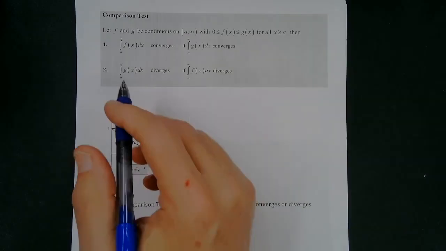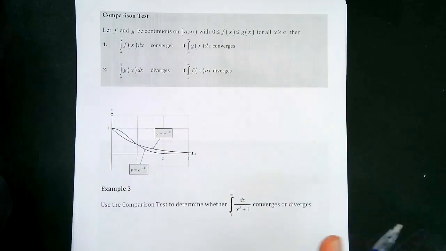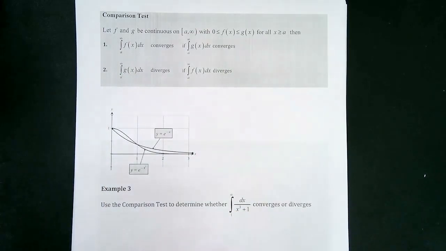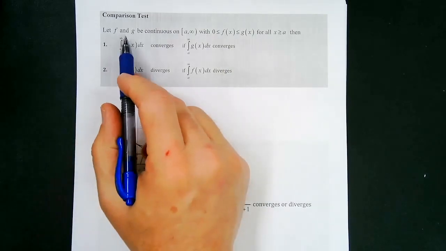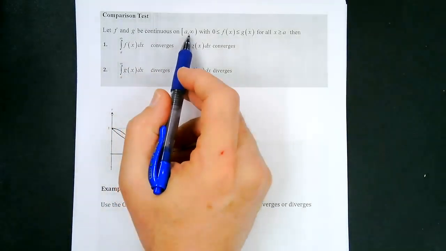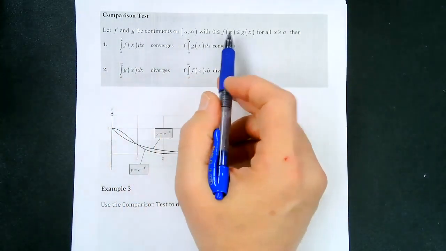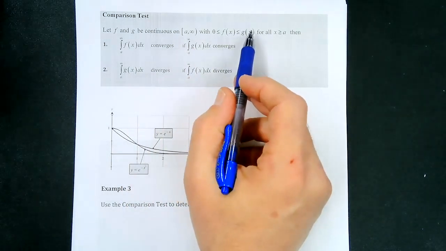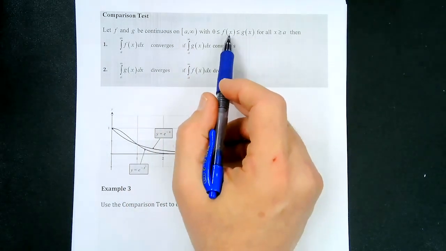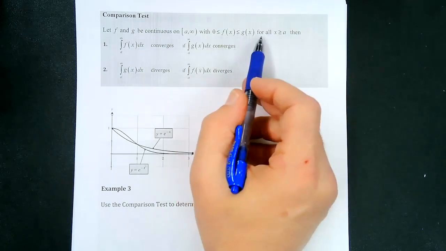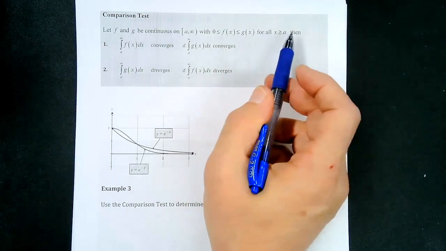Okay. So this is going to be called the comparison test, and this is just a test to see if a function converges or not. We let f and g be continuous on the half open interval from a to infinity. This is saying that we have a function that's always bigger than another function for all x greater than some value of a.